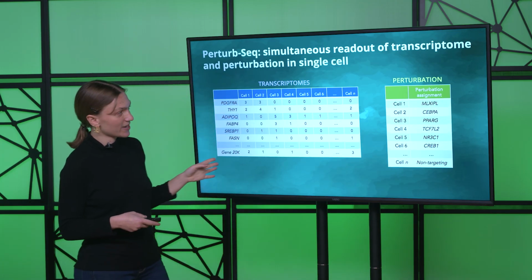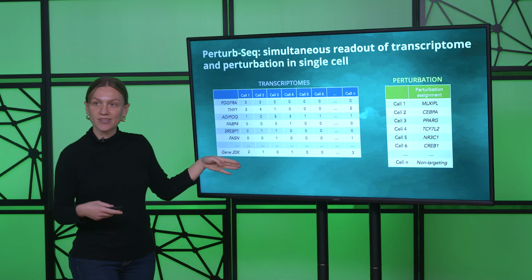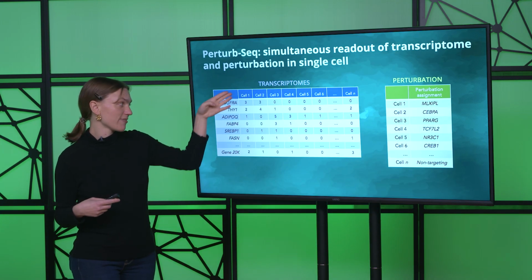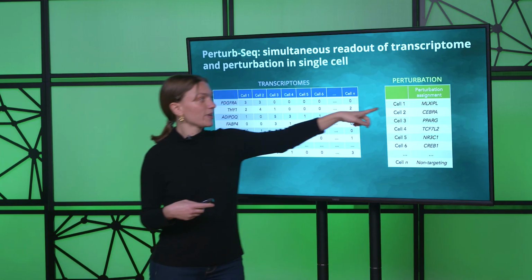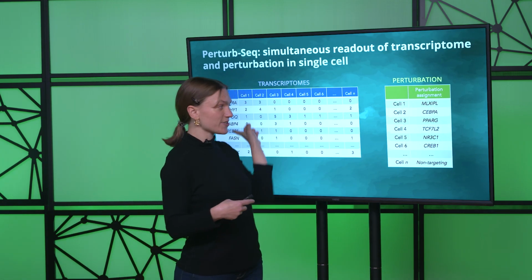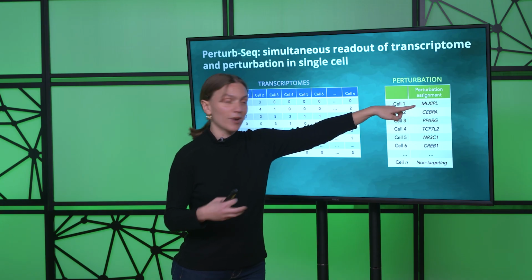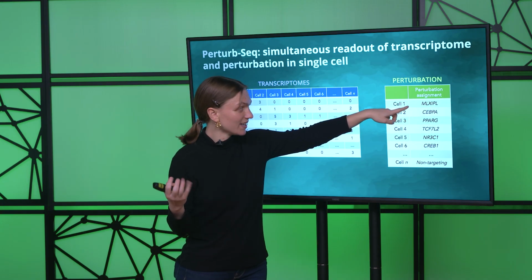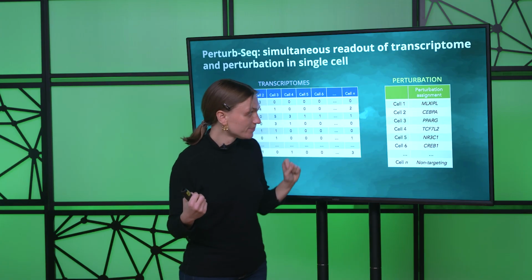So you can see here, for example, that in cell 1 we have the gene expression profile, so the expression levels for every gene in the genome in this cell. And we also know that this expression profile is the result of whatever programs were already inside that cell, but then adding the deletion of MLX IPL.